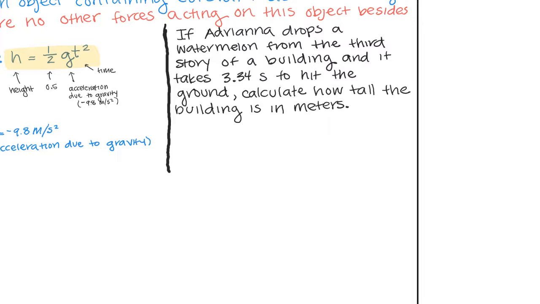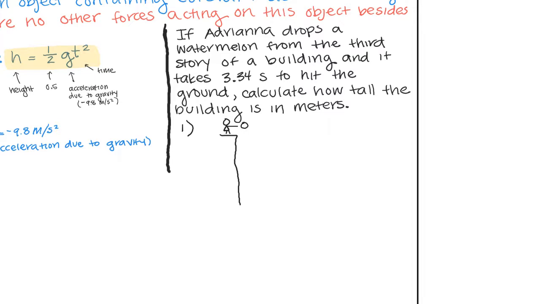Okay, so we've got this scenario here. The number one step we should always do when we are solving a physics word problem is to draw a picture. All right, so I'm going to draw a picture of, that's not a great straight line. Okay, so Adriana is at the top of this building and she wants to drop a watermelon down to the bottom.